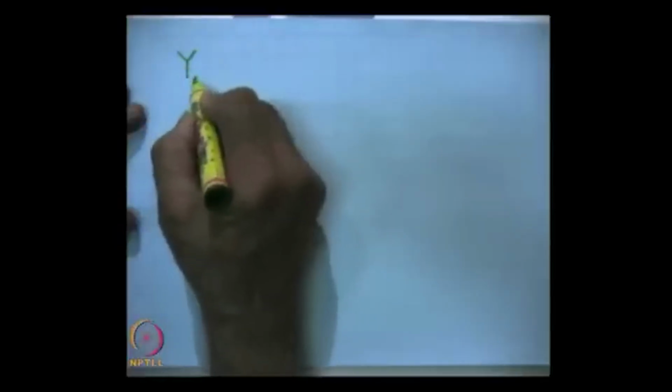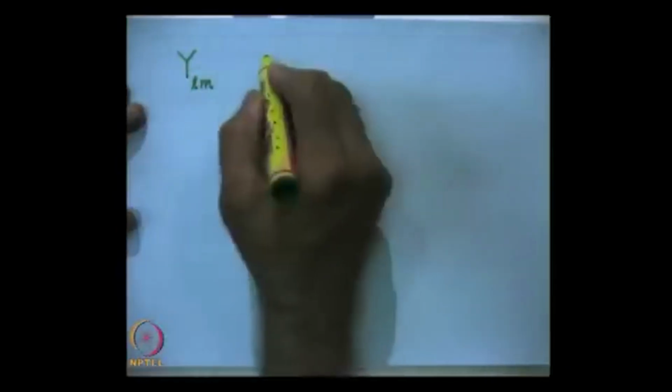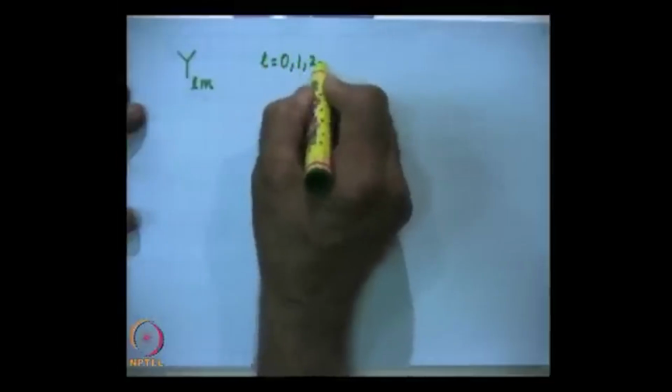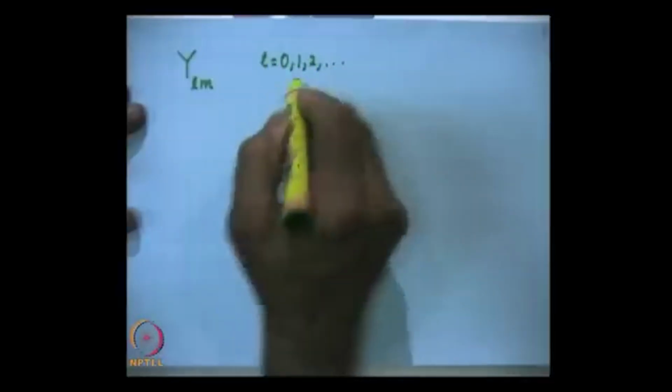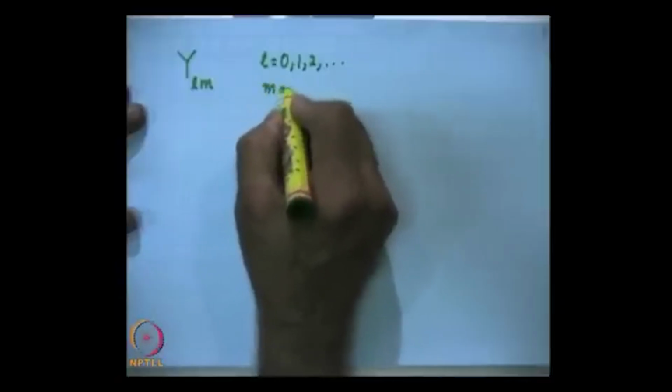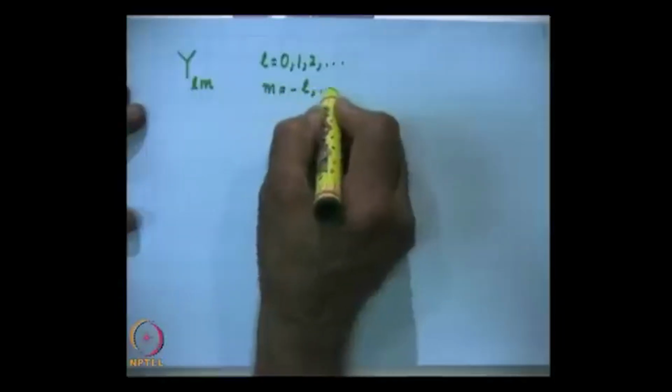Now, we had said that the Y_L^m are the spherical harmonics. As we mentioned, L takes the values 0, 1, 2, 3, etc., and for each value of L, m goes from minus L to plus L.